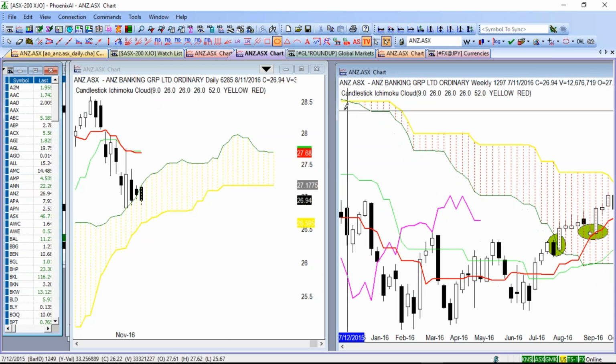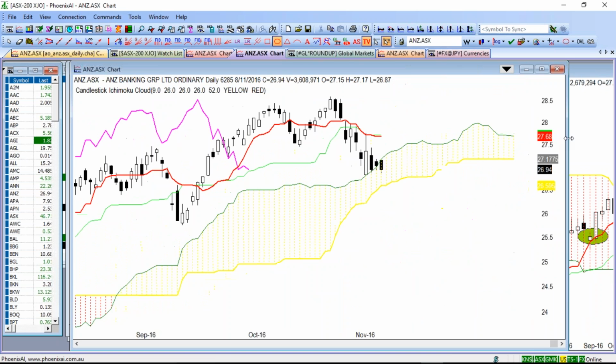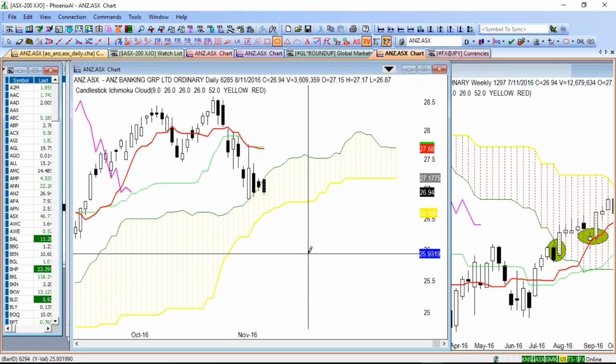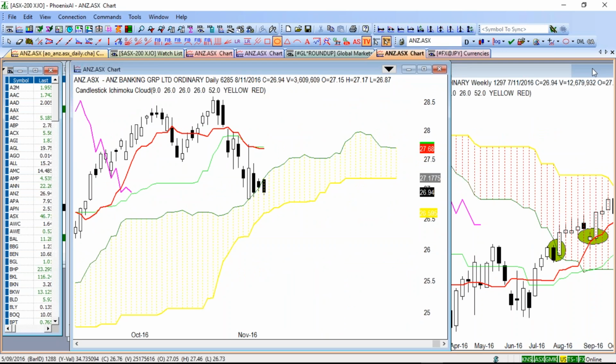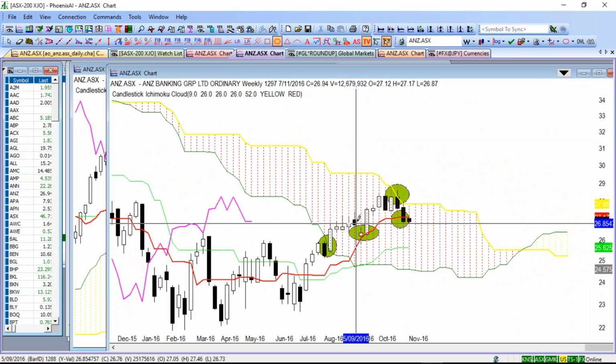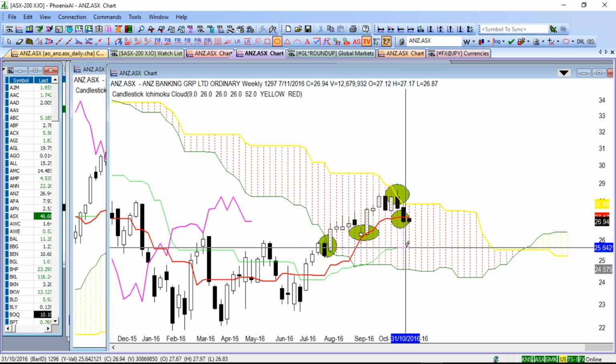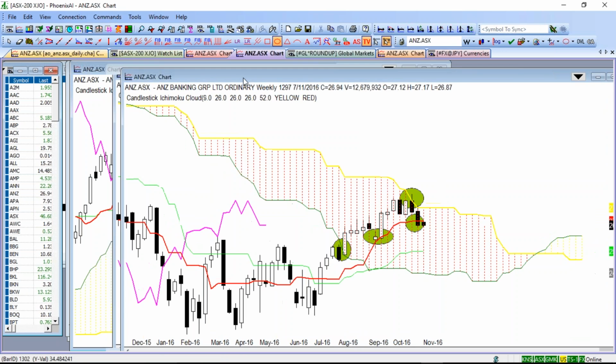If I move that out of the way and bring in the daily chart of ANZ, we suggested that any future support would be down here at around $25.50, between $25.50 and $25.60, between the A and the B line.